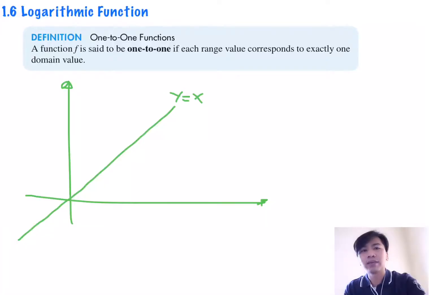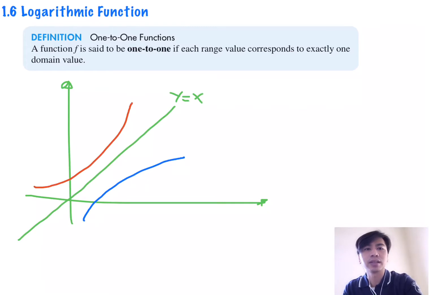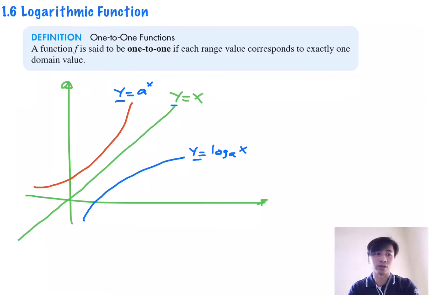Okay, so if it is like that, then we can put it in the definition of one-to-one functions. When we want to inverse a function, we always draw y equals x because that's the reflection line. And let's say if I have it like this, then the reflection will be something like this.